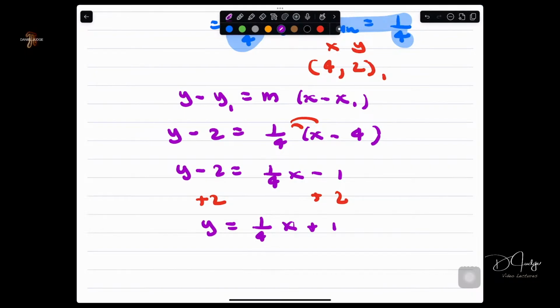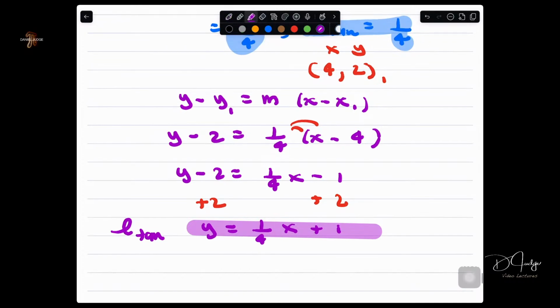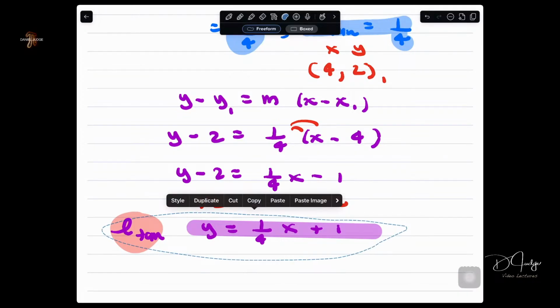All right. That's the equation of the line tangent to the curve. So let's bring that equation up here, then we'll show you the graph.